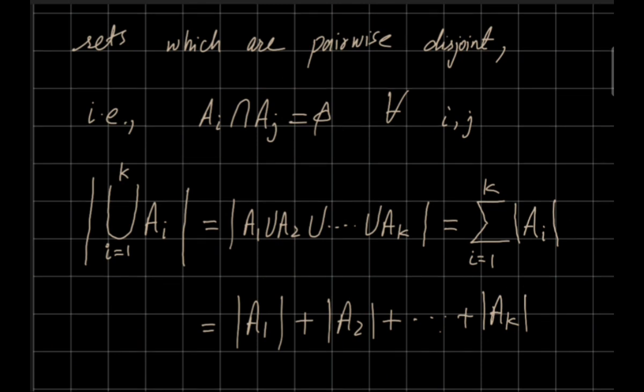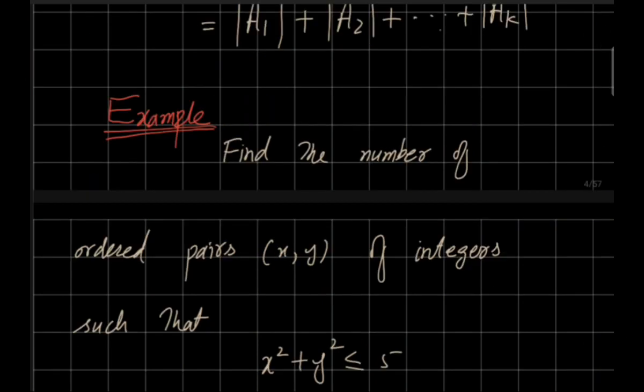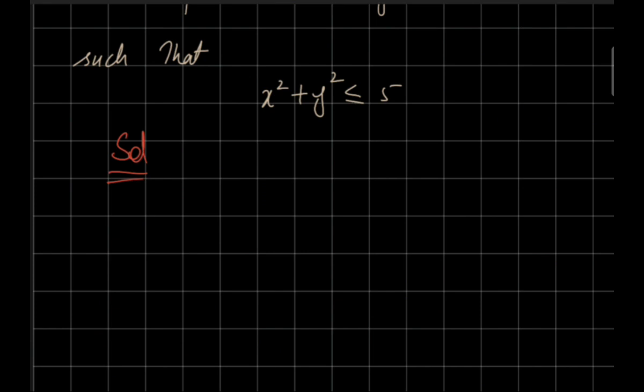So look at the first example below. It says: find the number of ordered pairs (x, y) such that x squared plus y squared is less than or equal to 5. We will find the number of ordered pairs (x, y) belonging to the set of integers.